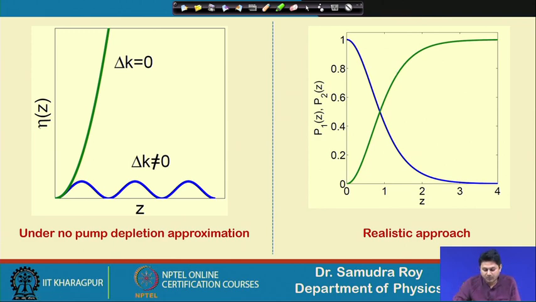This approach suggests that the total energy remains conserved, but in the old approach this condition was not considered, because we considered no pump depletion, that means the energy of the fundamental wave is not changing. Here we consider that both are changing. So, that is why we get a more realistic picture, and that is the correct one.